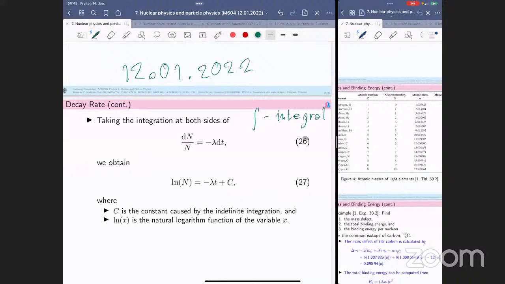You're going to get dN by N equal to, and you just put the negative out of the integral symbol. Even lambda, because lambda is a constant, it doesn't depend on t. We get this one, right?